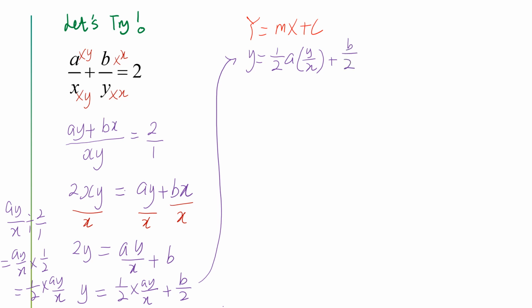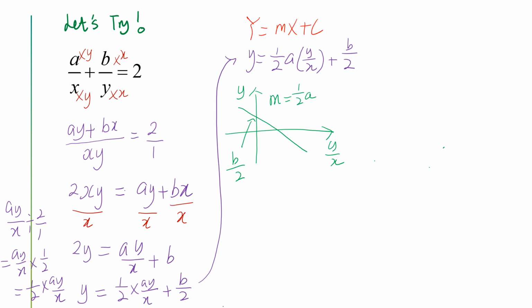So if you do a comparison with your y equals mx plus c, and if you were to represent this graphically, on the y-axis it will be just the letter y. On the x-axis will be y over x. And then you will have a gradient, depending on whether your gradient is positive or negative. I'm just going to randomly draw a straight line like that. Your gradient, which is the symbol m, is equal to half a. Then this y-intercept value is b over 2.